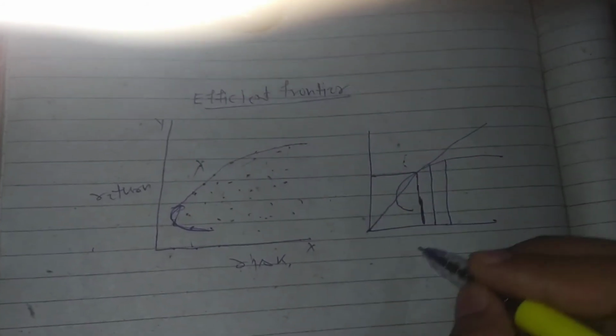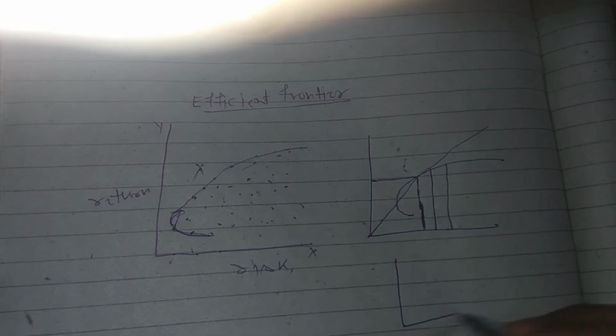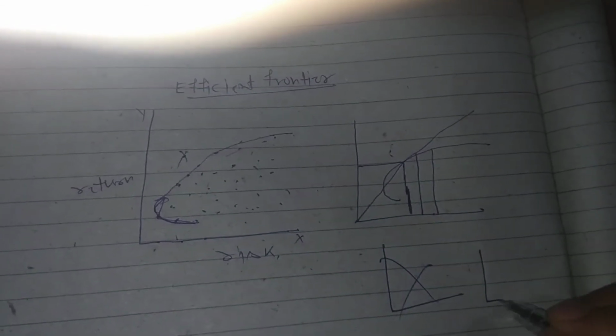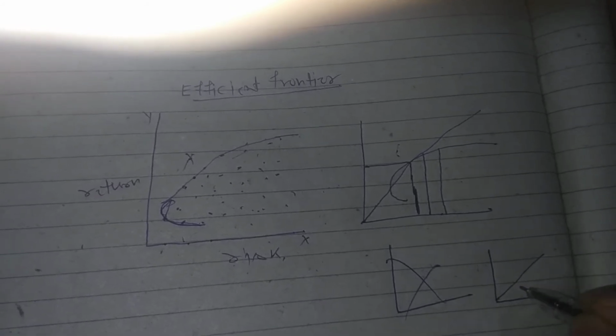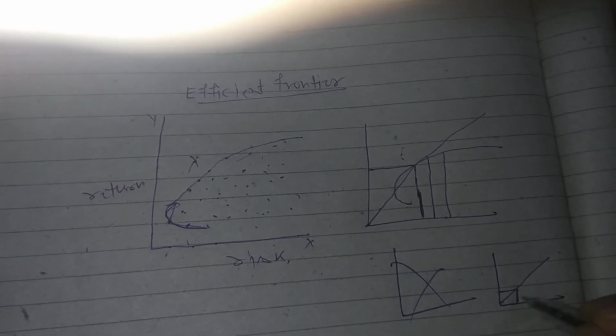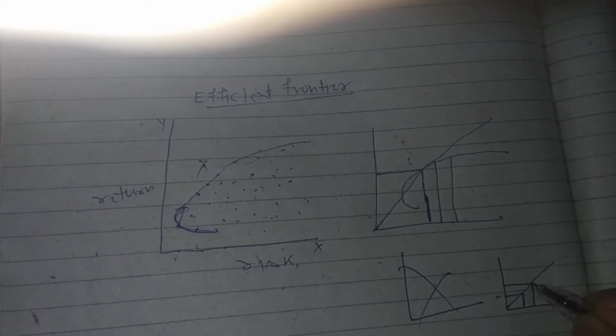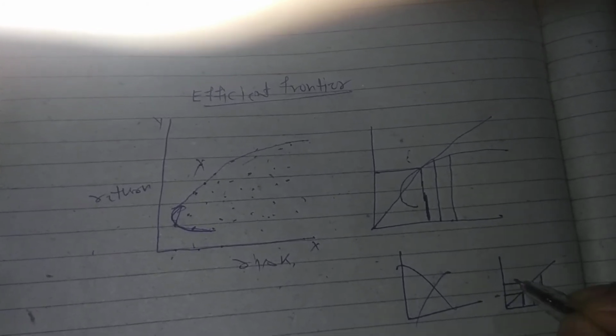In the linear relationship, we all know that risk and return increase proportionately. At this level of risk, this much return. At this level of risk, this much return. At this level of risk, this much return.